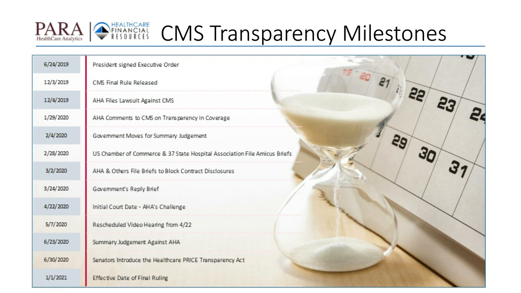As you can see in the timeline, the American Hospital Association opposed the CMS proposed rule as it was written. Their belief, and we agree, is that this approach would only further confuse patients in their search for information and would disrupt contract negotiations between payers and hospitals.